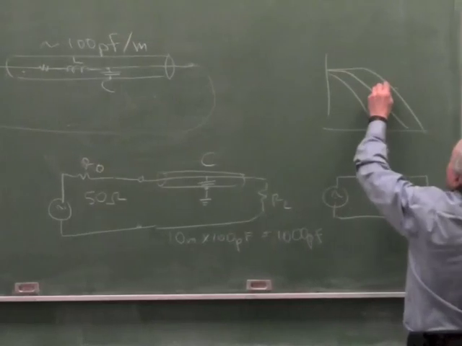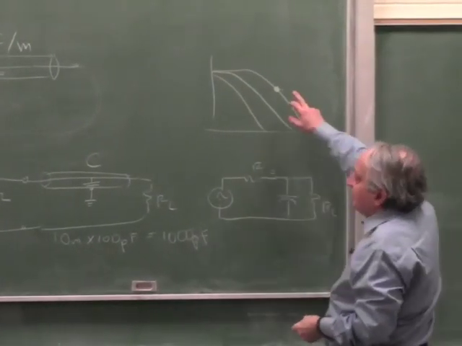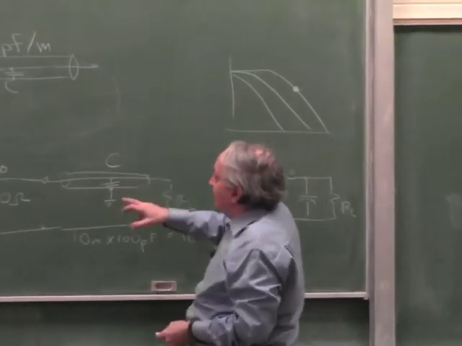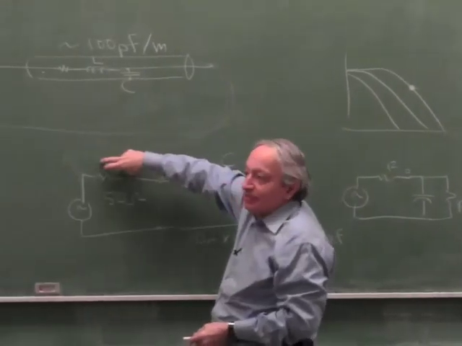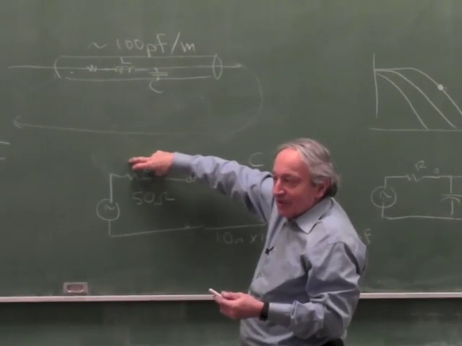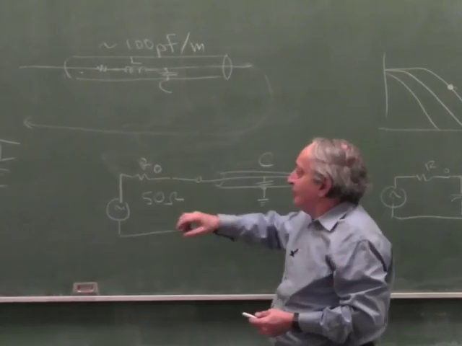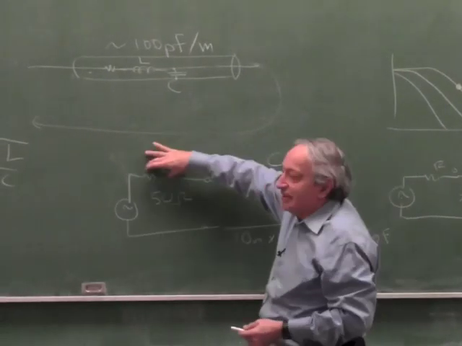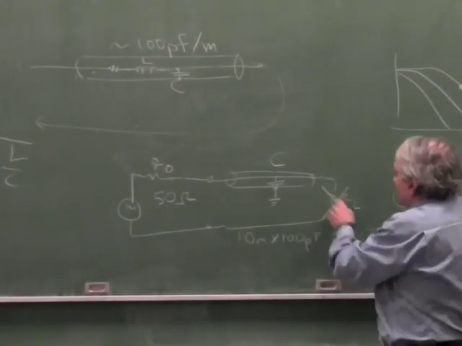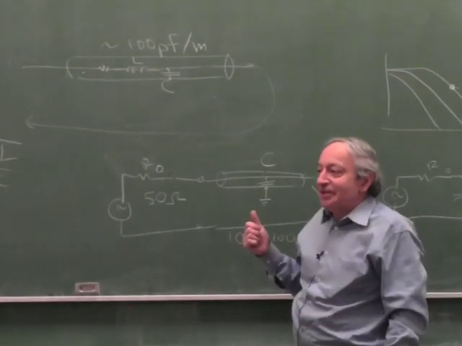So that corner frequency, the 3 dB point, I can easily calculate, because the 3 dB point is where this impedance equals this impedance. Okay? That's the definition of the 3 dB point. Now please note that because one is capacitive, one is resistive, when this impedance equals this impedance, the voltage doesn't fall to half, because the impedances are out of phase.